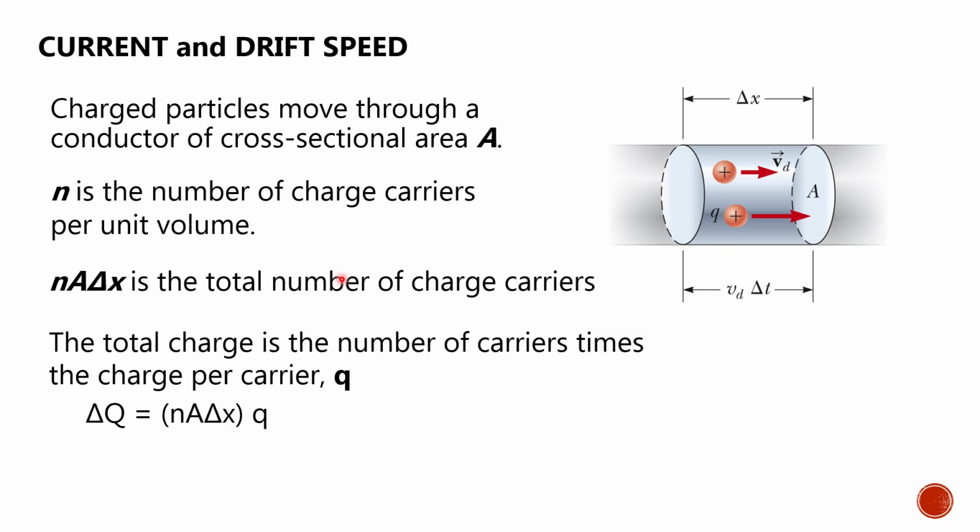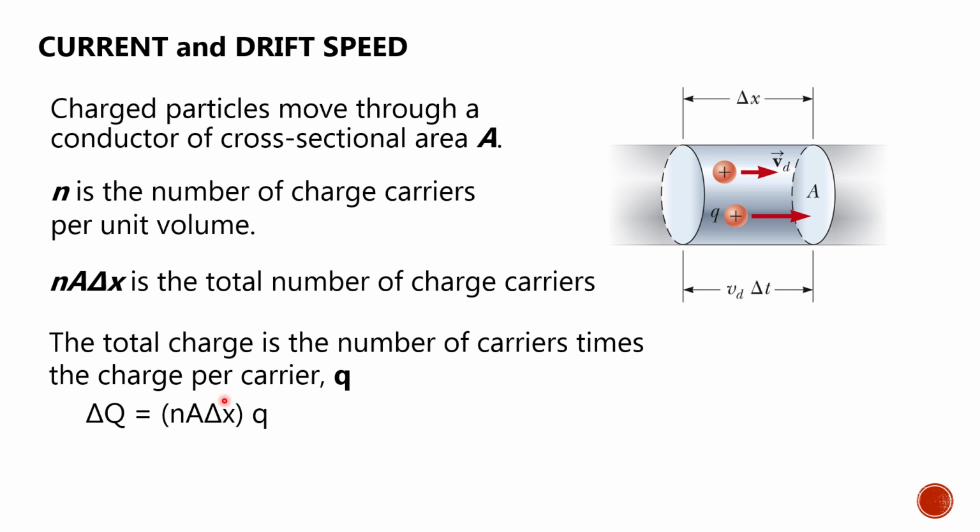The total charge is the number of carriers times the charge per carrier. The number of carriers is the number of charge carriers per unit volume multiplied by the cross-sectional area of the conductor and the displacement of the charges.